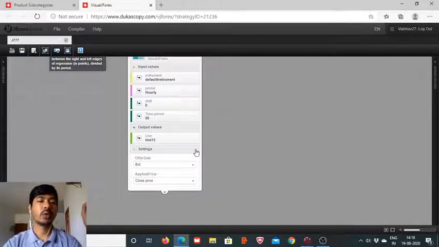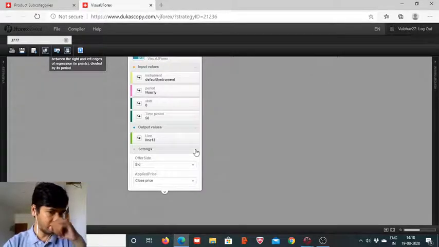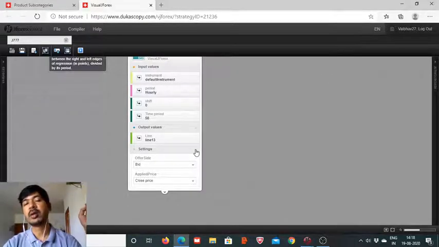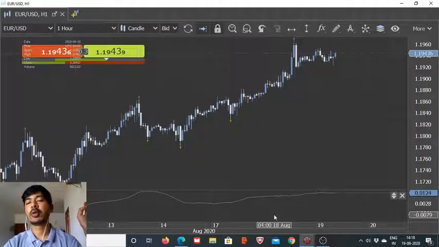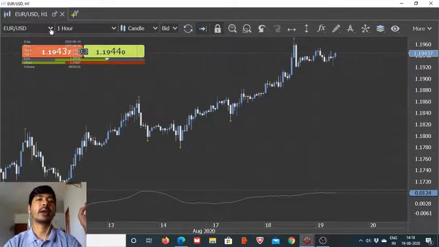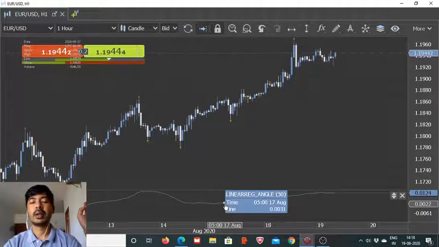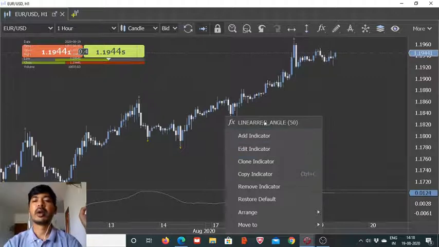Now moving on to the calculation side, on which price the calculation is done casts a huge impact on the output value, and that's why we have to be careful on which side we want the calculation to be done. And the applied price also has a large impact on the linear regression angle output values.